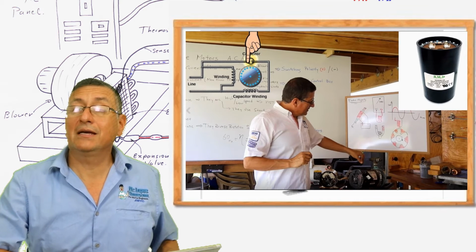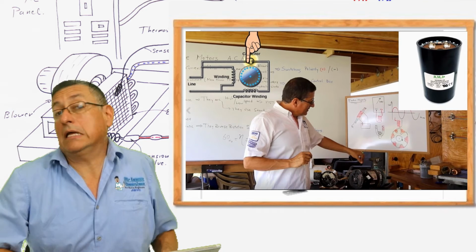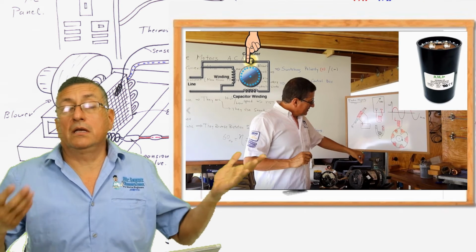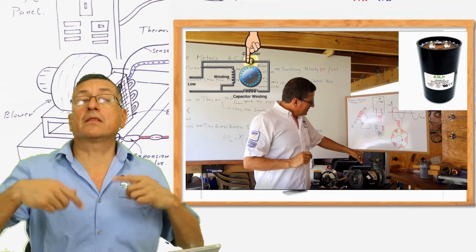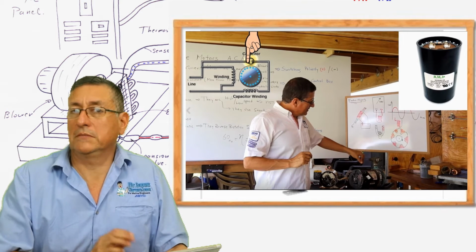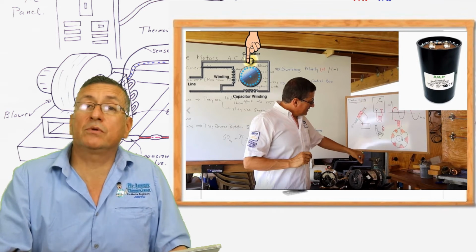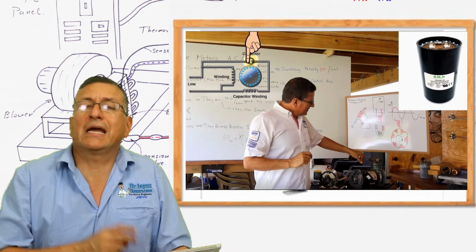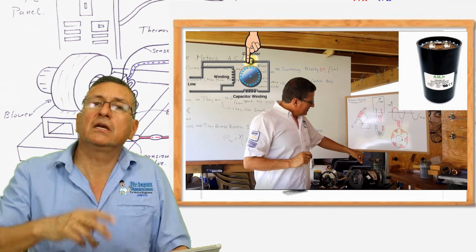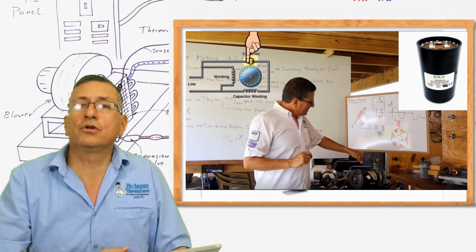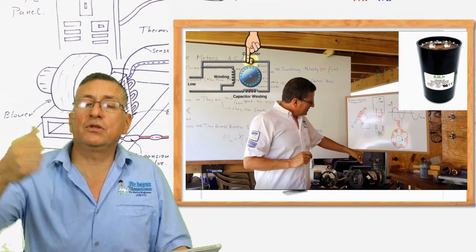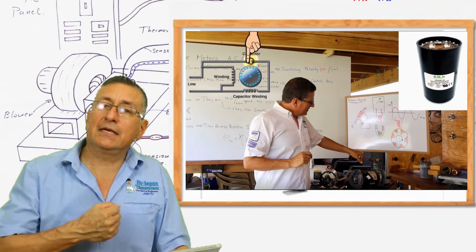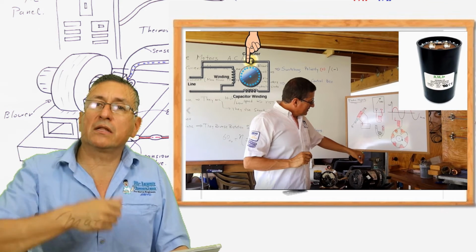Yes, that capacitor, you remember from the previous episode, helps to start the motor. When I explained electricity and induction motors, the capacitor is used in single phase motors to improve the starting procedure of those motors.